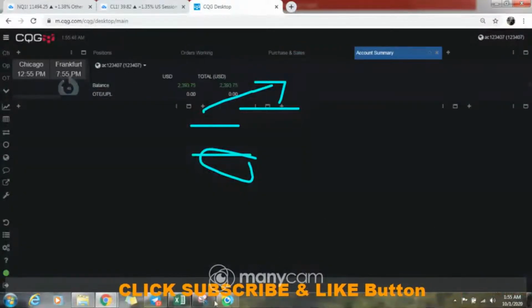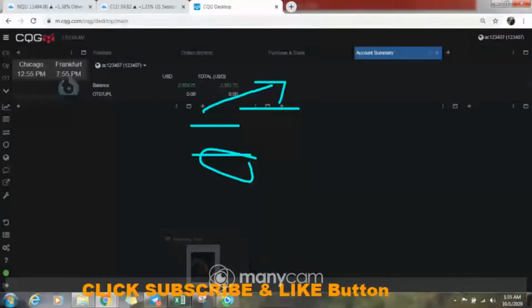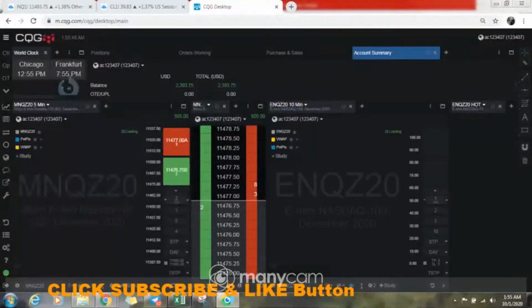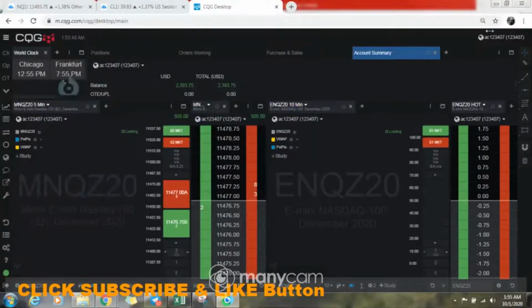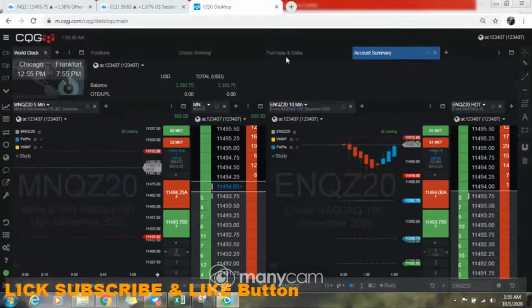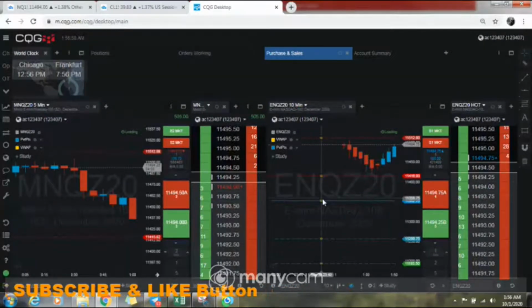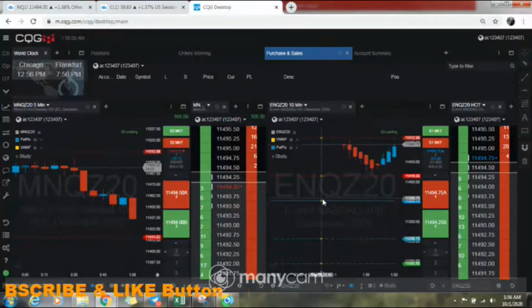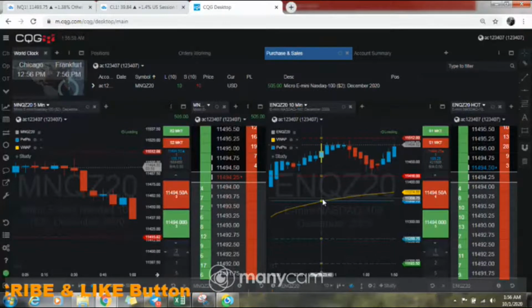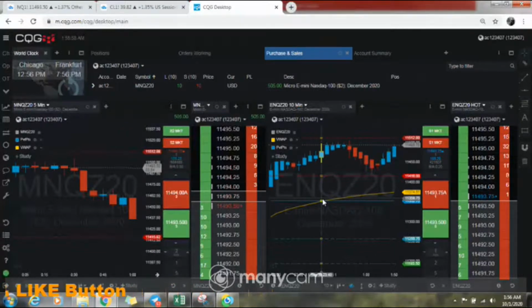My platform has also changed its setup a bit, so this means more on the Nasdaq. I'm also getting the mini Nasdaq ready on the right hand side here, in case my risk allows me to go for more than 10 position sizing of the micro, which is one lot.